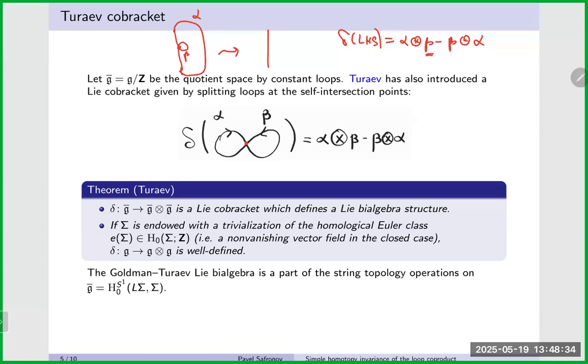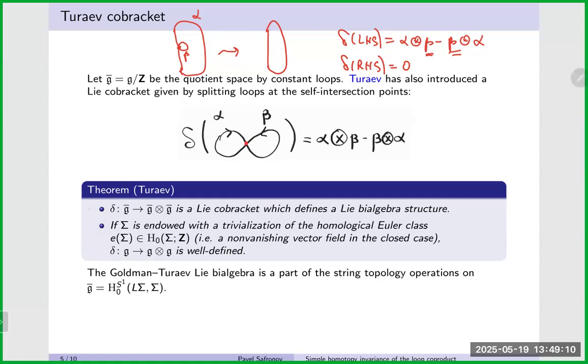So basically, you want to kill off this extra term on the left-hand side. On the right-hand side, if this is really closed, like this, you get 0, because you don't have any self-intersection points. And so for this operation to be well defined, you just mod out by contractible loops. The only problem is in contractible loops, so you mod out by those.